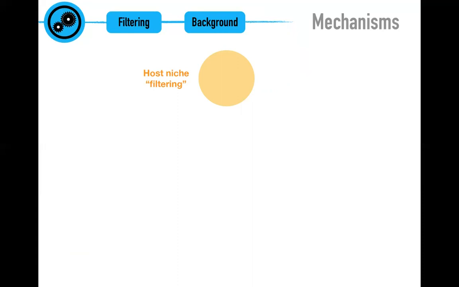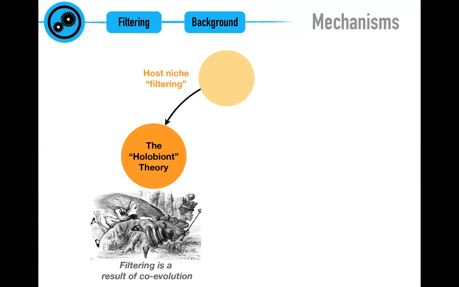What people usually think when they think about host filtering is what has been called the holobiont or hologenome theory. I don't know if any have heard of that. Have you heard about the holobiont and the hologenome theory of evolution? No. So it's basically a theory that says that when we try to understand the evolution of an animal or plant, we cannot just think about the plant itself or the animal itself.